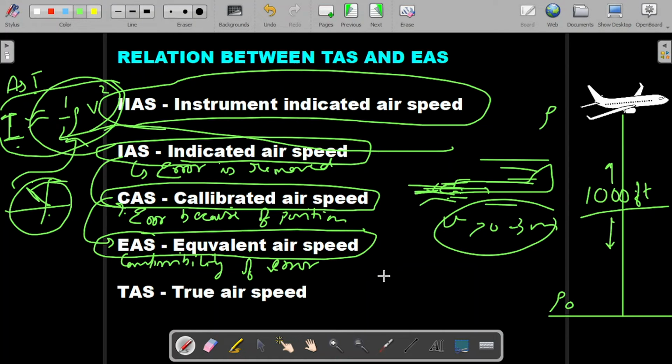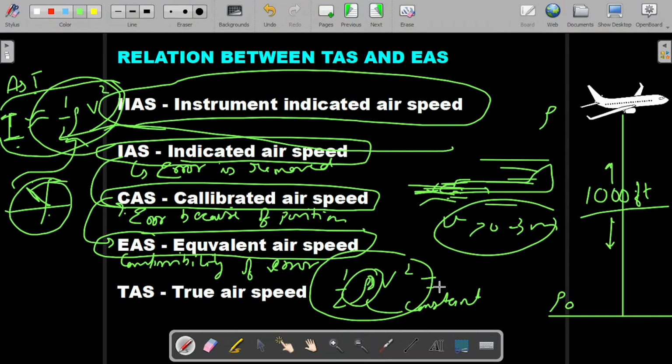and that corresponds to the dynamic pressure, half rho v square. The point to note is that the density implied in this equation is a constant term. The speed visible on the ASI is the multiplication of these.